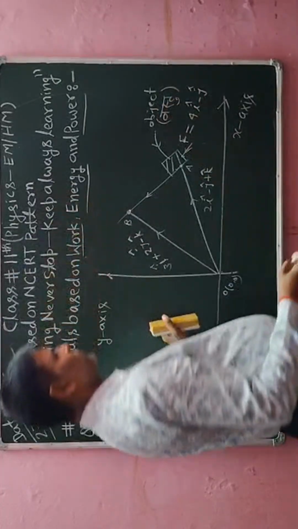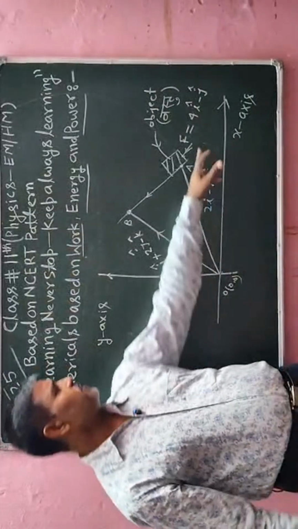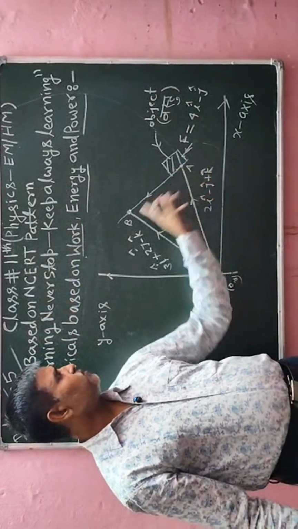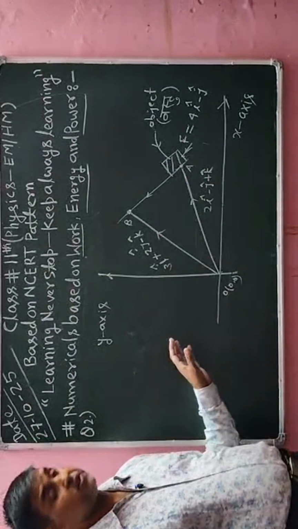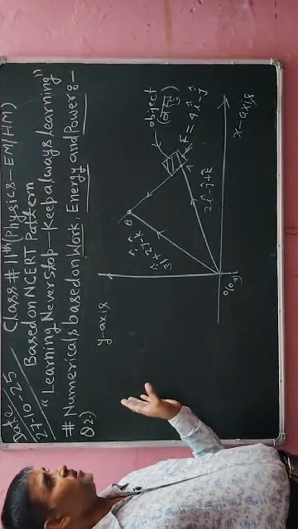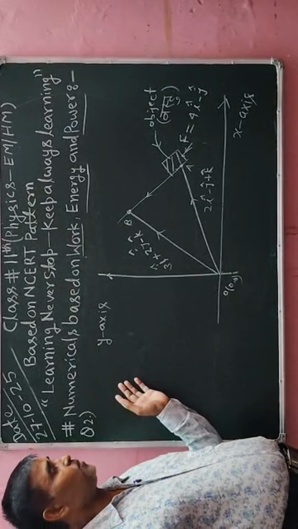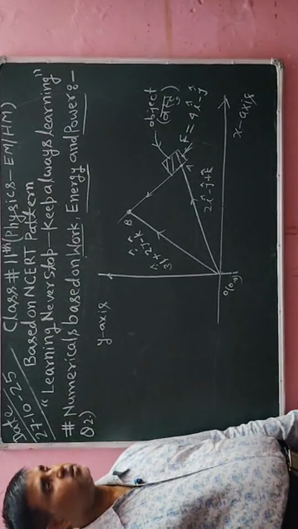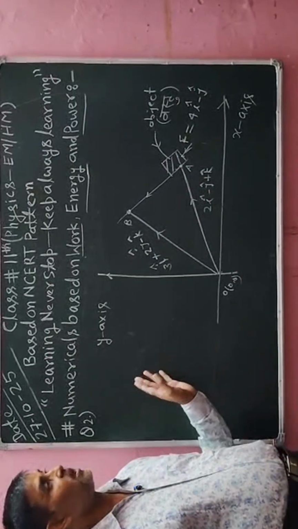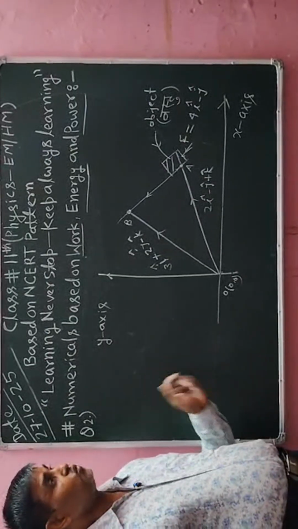So we have to calculate the work done by the force moving from A to B. Okay, so concentrate on all this information. I will write it as a numerical, and then I will give its appropriate solution positively.